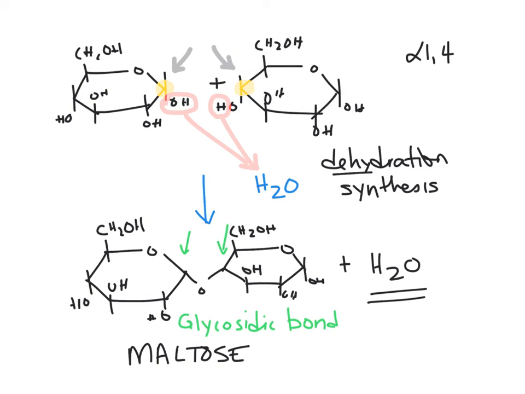Now the only difference between glycogen and say amylose is that side branching, and then you just have to figure out how to put carbon 6 to carbon 1 on another one, and then it continues this 1,4 after that as a side branch.